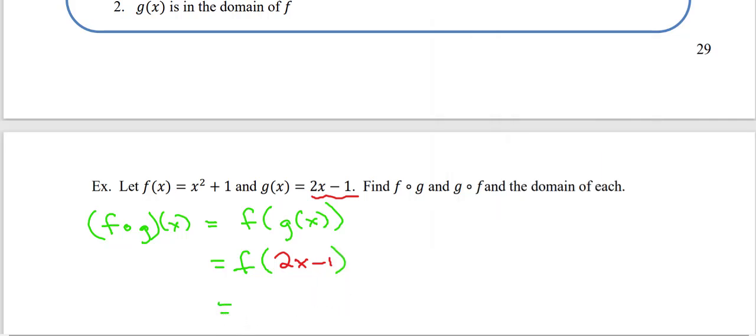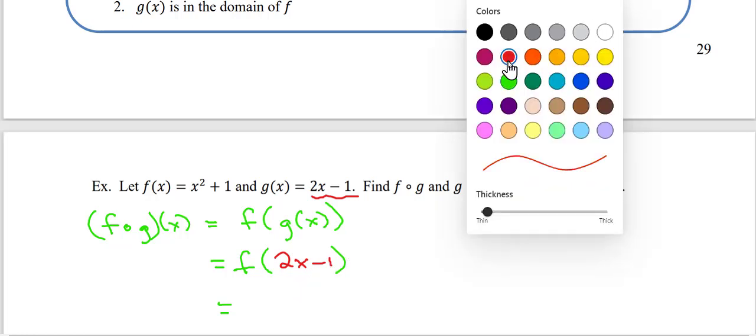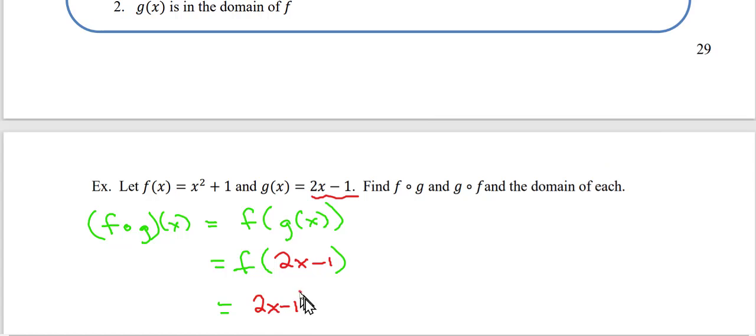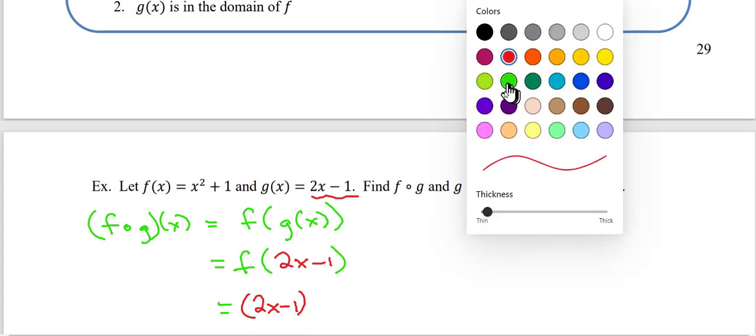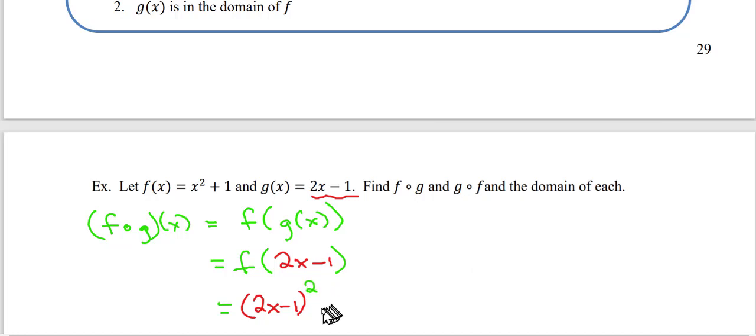And so that means everywhere I see an x in f, I have to put 2x minus 1. That means the 2x minus 1 there is going to replace that x. It has to get squared, and then we still have the plus 1 there.